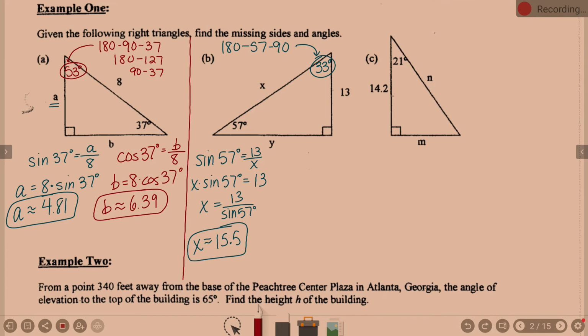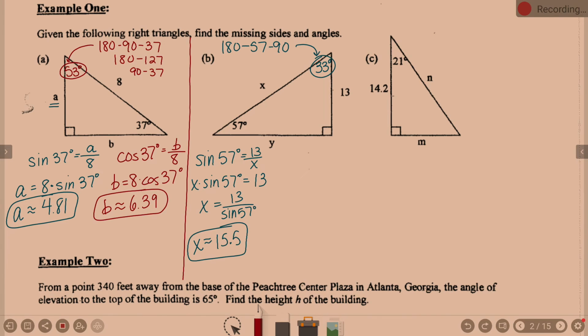And officially, we could do tangent of 57 or tangent of 33. Now, I heard some cosines. I've heard some things that we're going to end up putting y over x. I'm not 100% against that, but here's the deal. If you use x and you use the rounded version, you're going to get a slightly different answer.